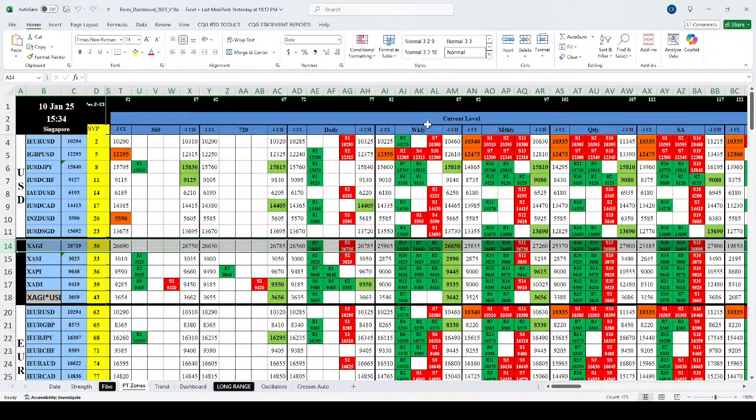So for instance, weekly, if you look at it, we have 3 floors on the weekly. We call it resistance left, resistance center, and resistance right. In the same manner, when we look for support, it is support left, support center, support right. So right now gold is in resistance, which means that the market is already in an uptrend, and all the three forces are pointing up.